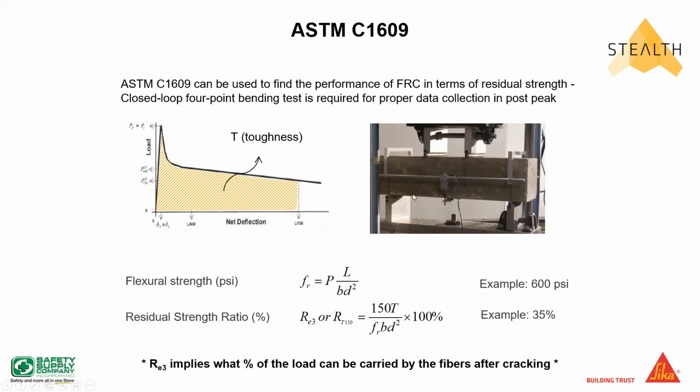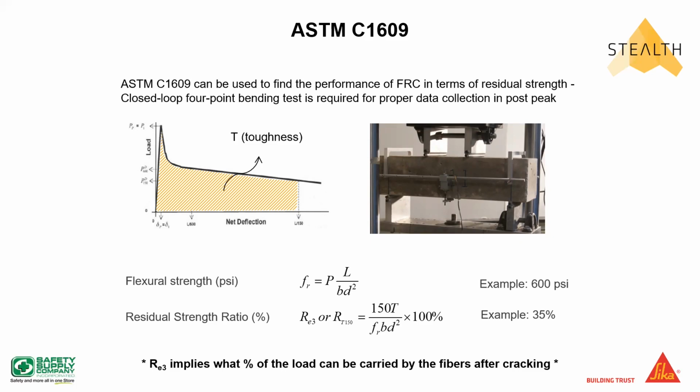Anyway, when it comes to macro fiber, there are two ASTM tests, just like the C1579 test that I shared with you regarding the microfiber. ASTM C1609 is one test, and this is the test that is more real world.